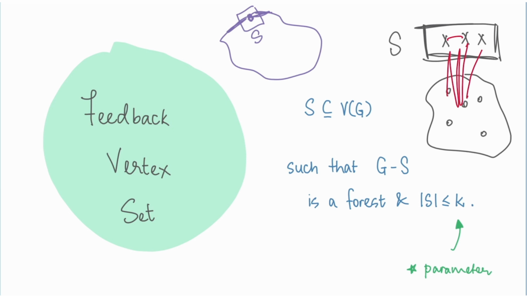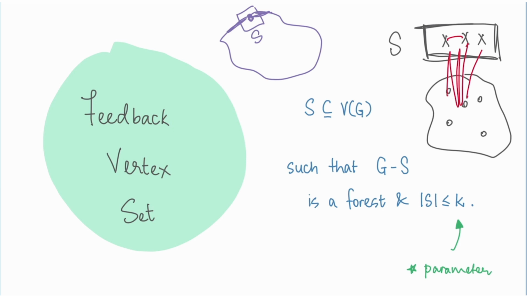But remember that we do know how to pre-process degree 2 vertices. Of course, you might say, okay, look, this is just one example and you took care of it like this. But in general, why should I expect that a lot of edges will be crossing S and G minus S for a generic reduced instance? So that's exactly the thing that we will try to formalize.